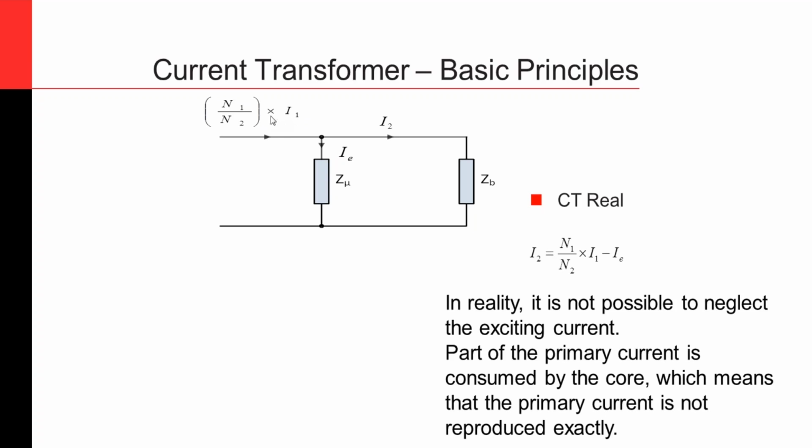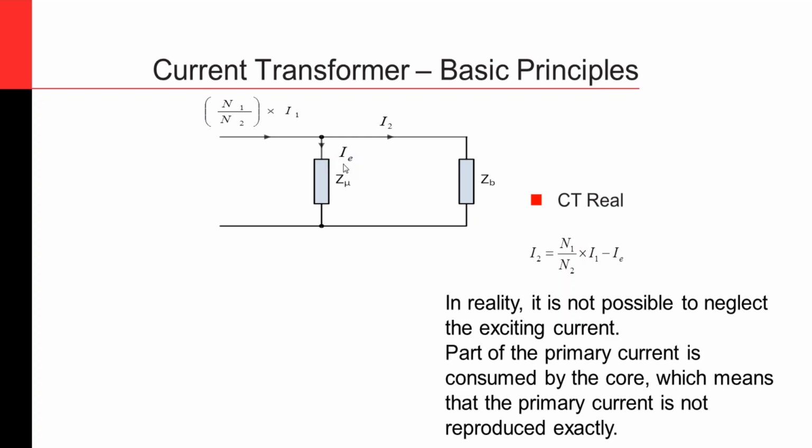But when you talk about the real CT, typically, this diagram is a representation of the primary current on the secondary side. That's why you see I1 times N1 divided by N2. So that's the representation of the primary current on the secondary side. And I2 is the actual induced secondary current. The ZB is the load on the CT.